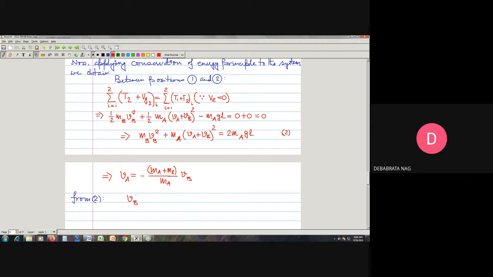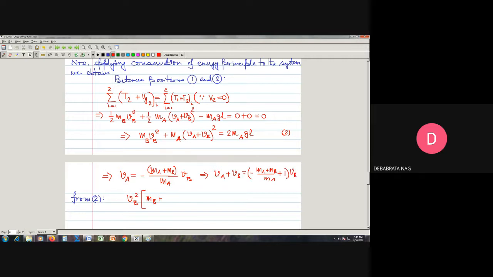We can take this v_B squared as common, and write m_B, of course, and then you see here it is v_A plus v_B. This v_A plus v_B essentially indicates minus (m_A plus m_B) by m_A, right? And in place of this I am putting, so I can take this plus 1 into v_B.